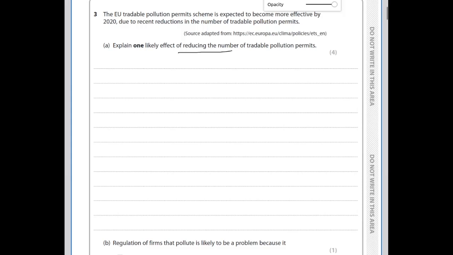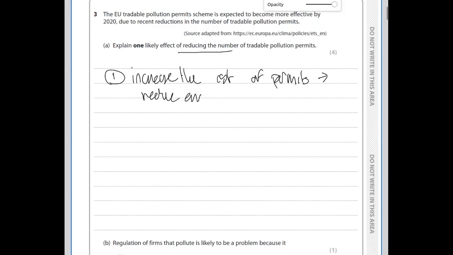Reducing the number will increase the cost of the permits, right? It will be a direct effect. Which we should expect in turn is going to reduce emissions by raising the cost of emitting. Which in turn is going to reduce my negative externality.